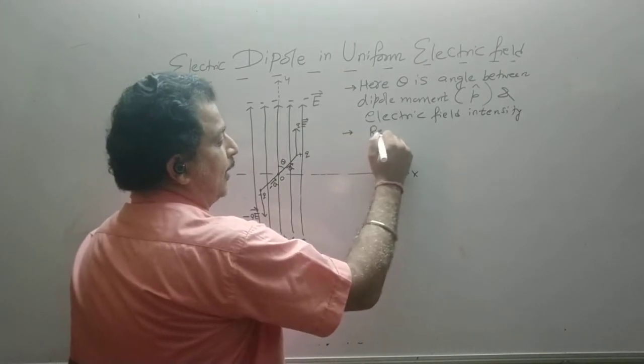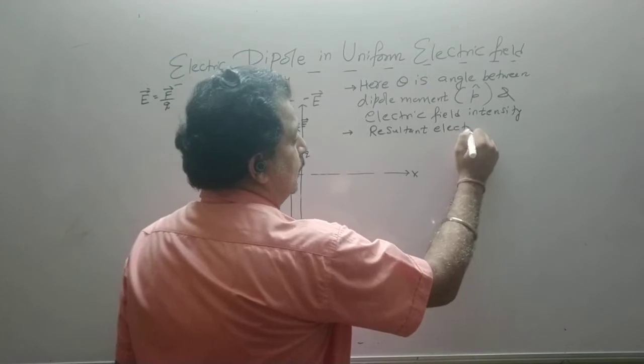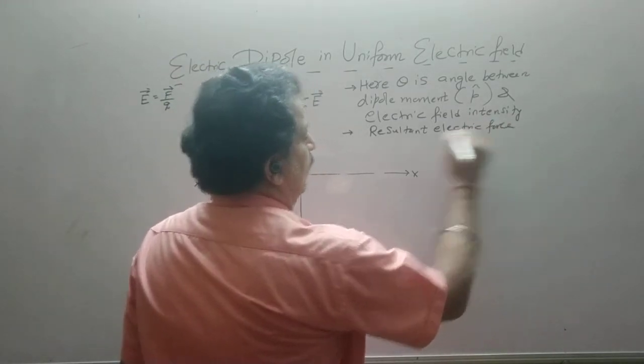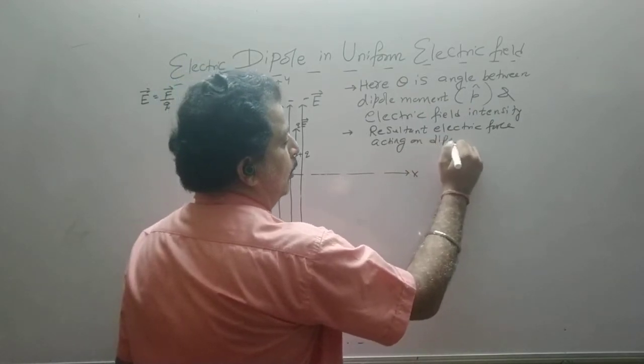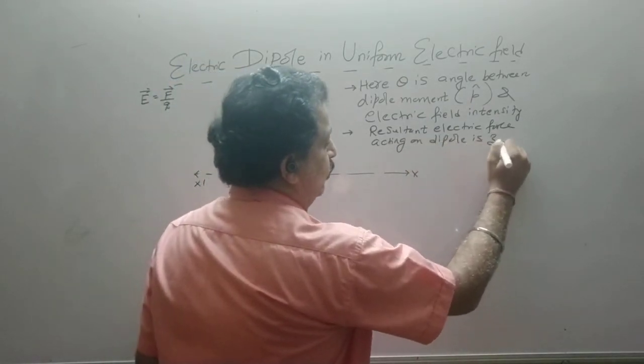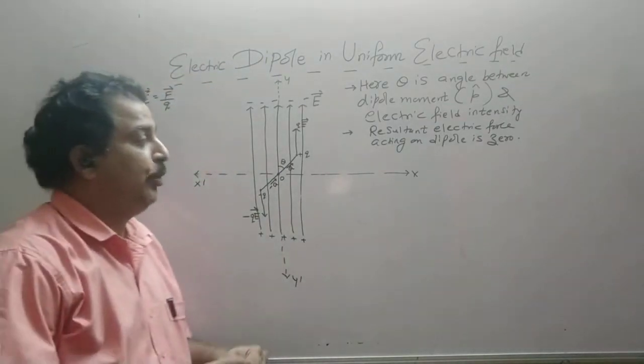So the resultant electric force acting on the dipole is 0. So what is the first conclusion, or how does it behave?